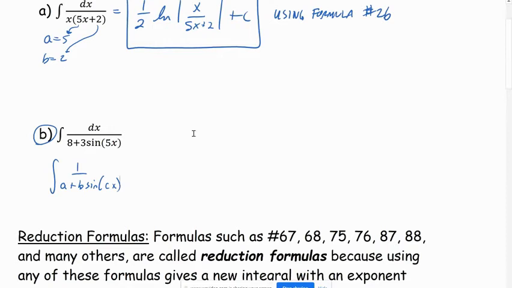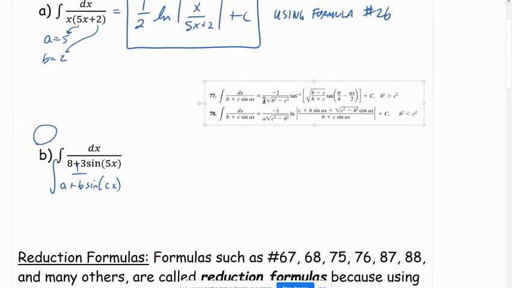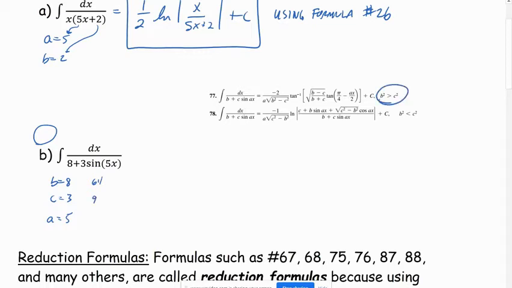I'm going to paste those formulas here so that we can look at them. From this format, we would say b equals 8, c equals 3, and a equals 5. So b squared is 64, c squared is 9. Our b squared is bigger than c squared, so we're going to use formula number 77.